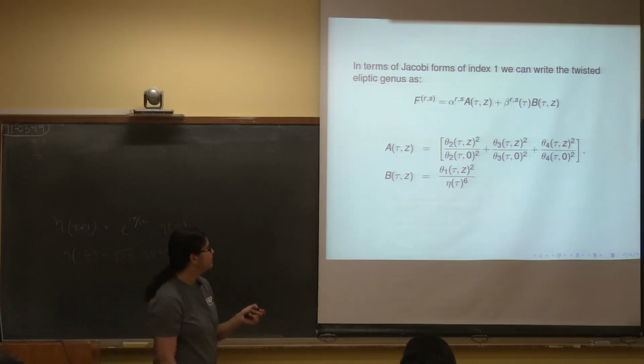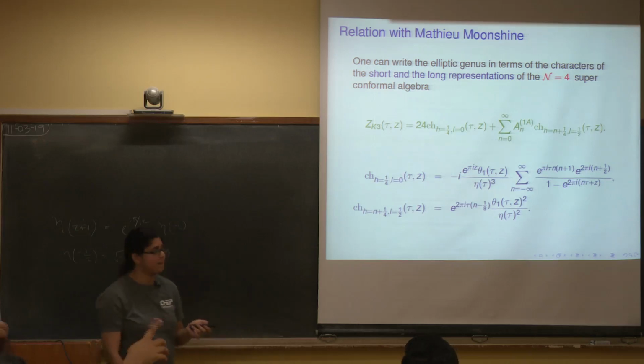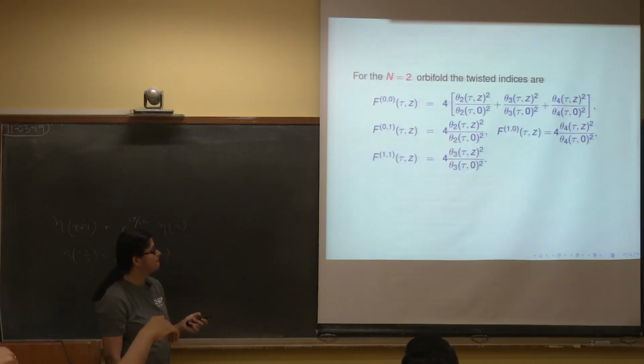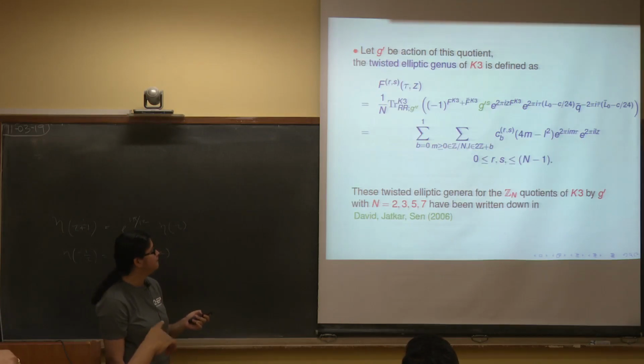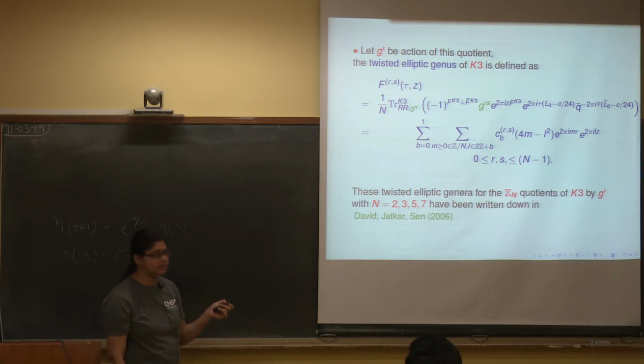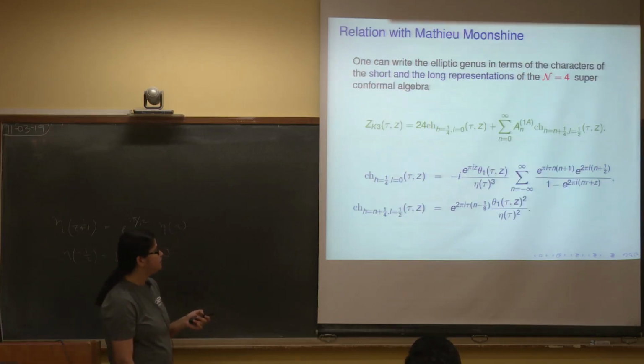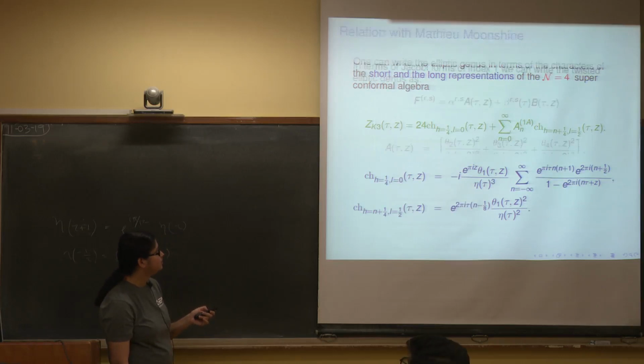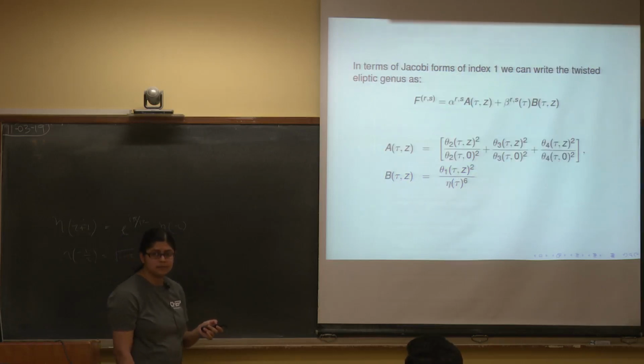So can you just flash the definition of the twisted index? Oh, this one. It's actually you twist it with a G to the R and you insert a G to the S, R and S. And the modular, by that you have some exchange of RS also?